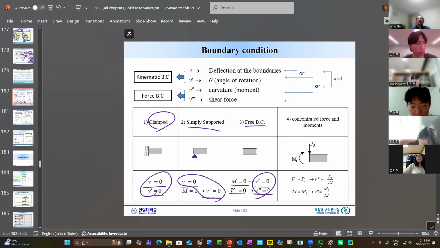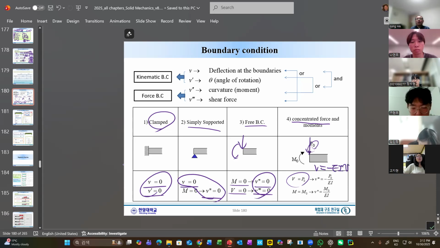And additionally, we can have an applied concentrated force. Let's say instead of a free end, we apply a certain shear force and bending moment. Then we can simply say V equals P0. This is a real known value. So since we know that, what is that?